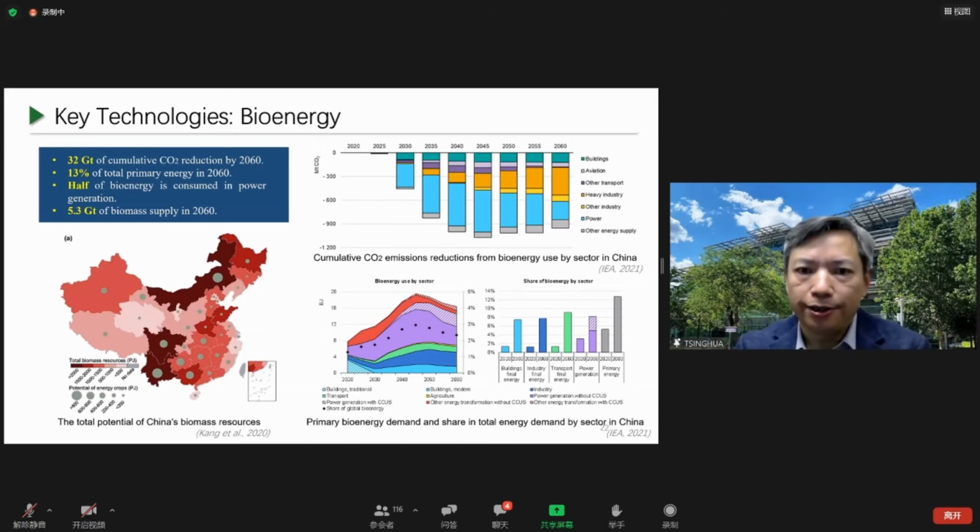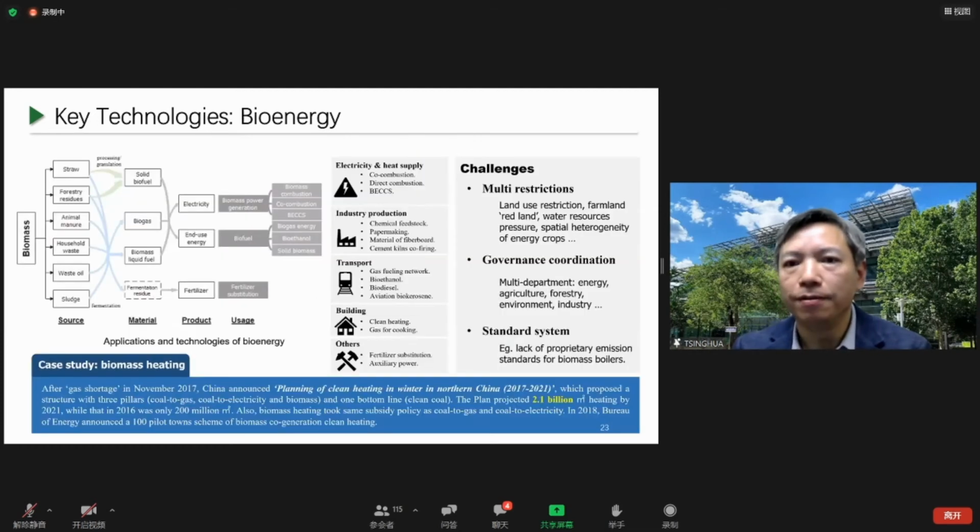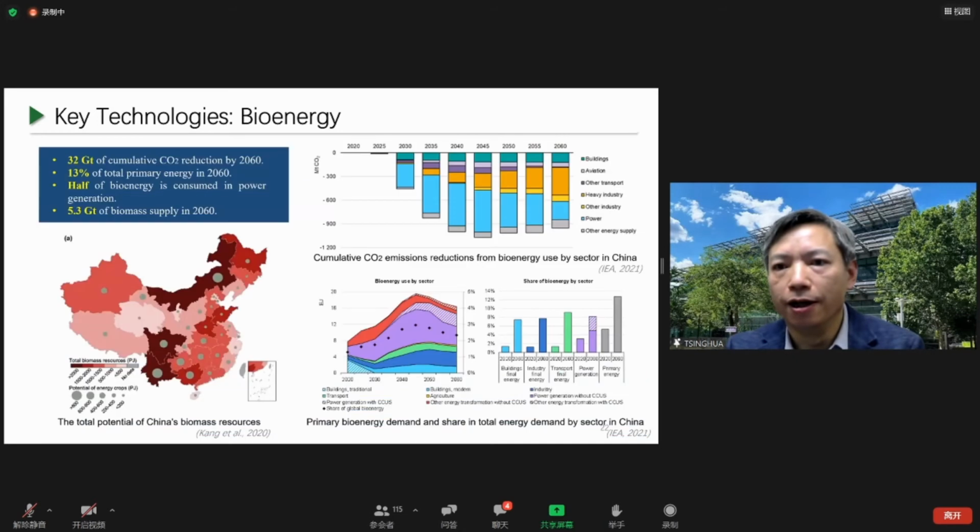China recently has an estimated 10 to 18 EJ of bioenergy per year, which is available for the collection for the use of bioenergy, and also equals to 6 to 12% of China's total primary energy demand in 2020.